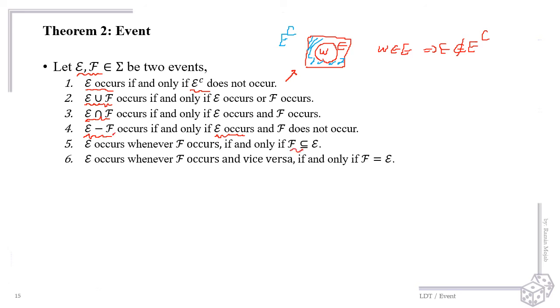If F is a subset of E, we can say that E occurs whenever F occurs. Or if F and E are equal, we can say that E occurs whenever F occurs and F occurs whenever E occurs. It's easy to explain or prove these propositions. I leave it as an exercise.